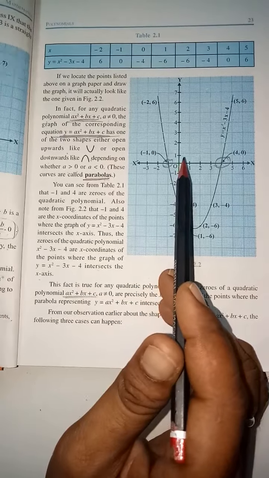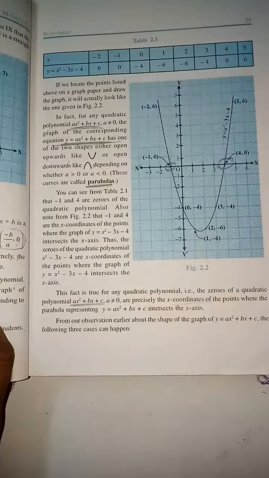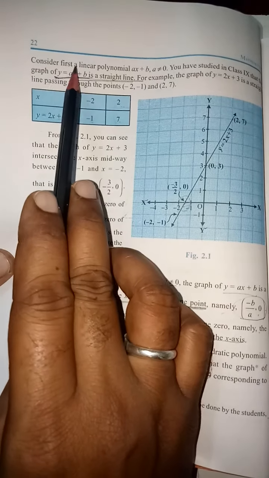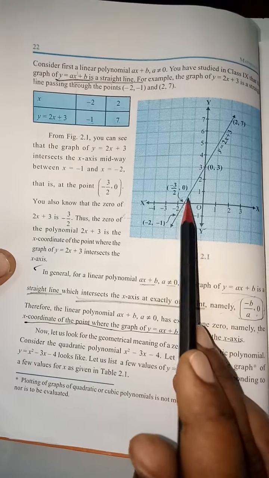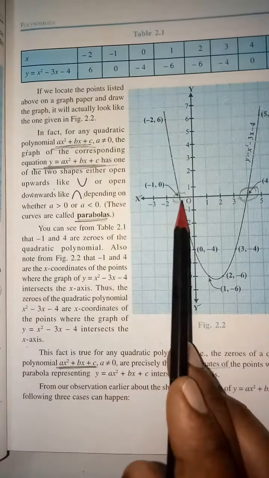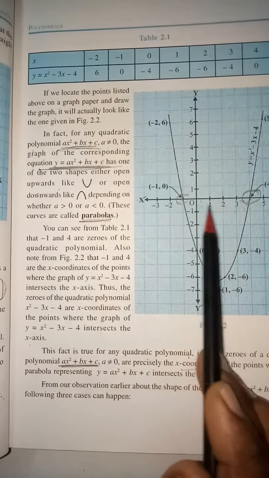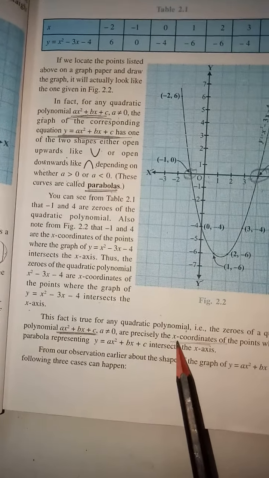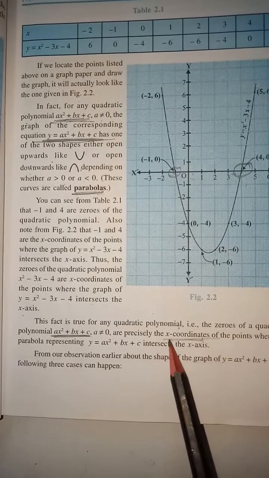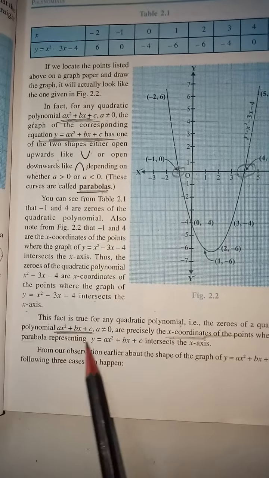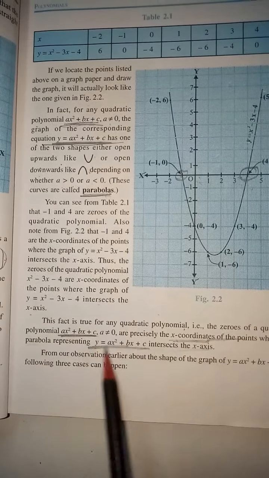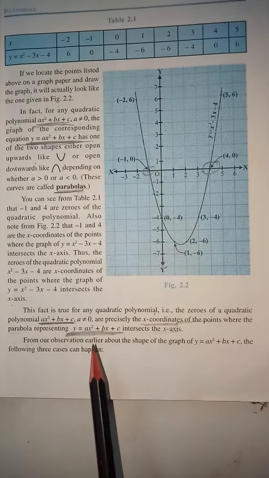Previously we discussed the linear polynomial, whose general form is ax plus b. Here the power of x is 1, so there is only one solution, whereas the quadratic polynomial has two solutions, that is two zeros. So how to get two zeros? The x coordinates of the points where the parabola intersects the x-axis are called the zeros of the given quadratic polynomial.